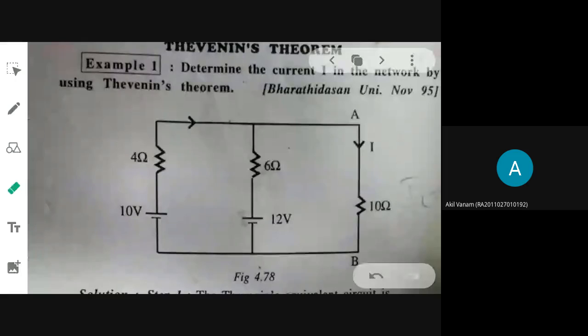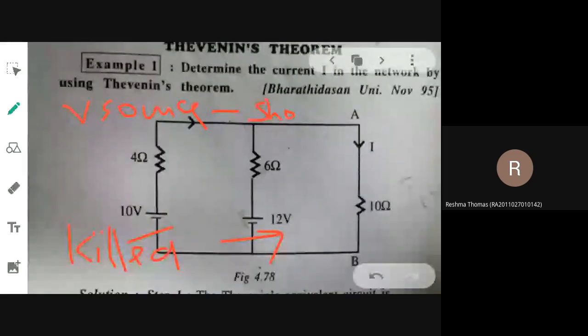Now, what are the sources present in the system? How many sources are there? Two. So, two voltage sources you are having, one here and one here. These sources should be killed. Killing means, if you are having a voltage source, you have to short it.